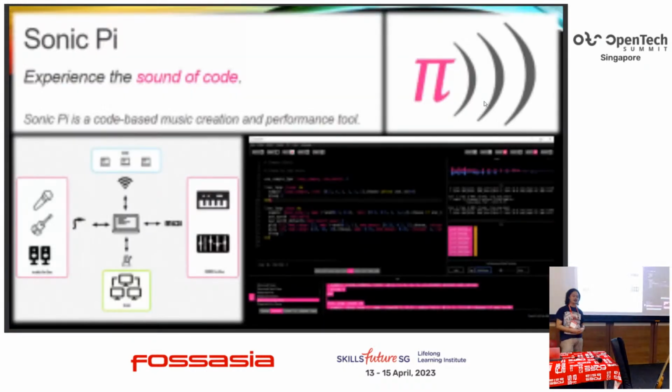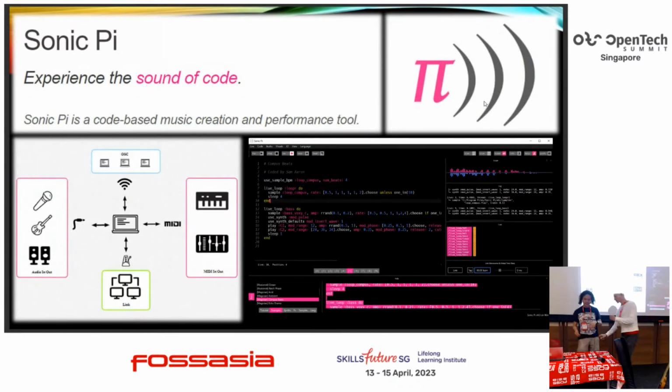So, what is Sonic Pi? Sonic Pi is, well, there's the marketing description they put there, but for me it's just a platform so that I can do some coding, and this code magically turns into sound.